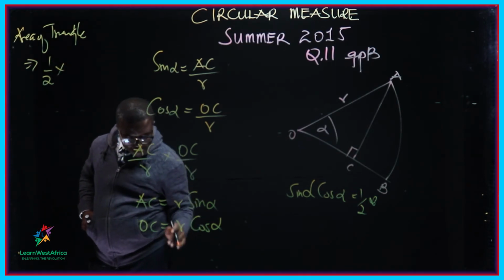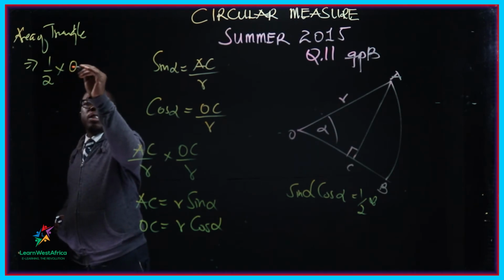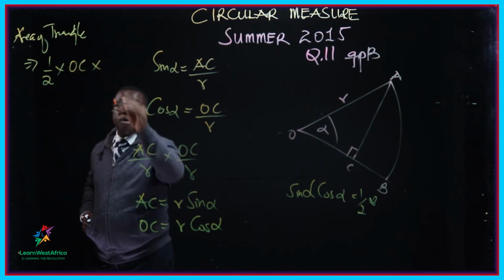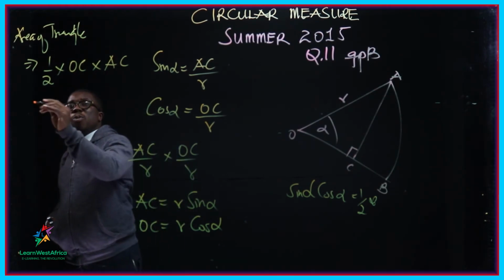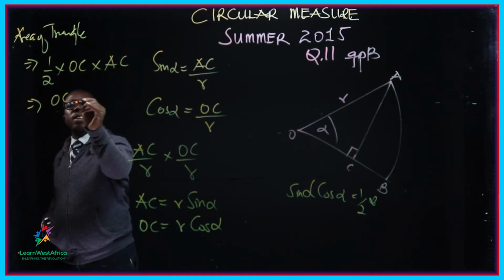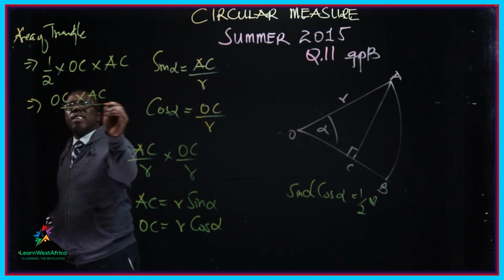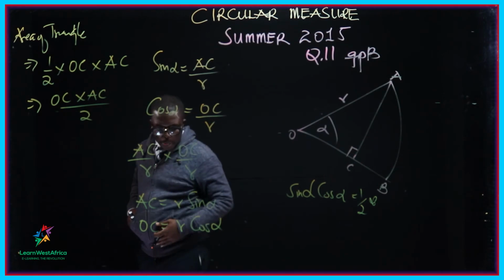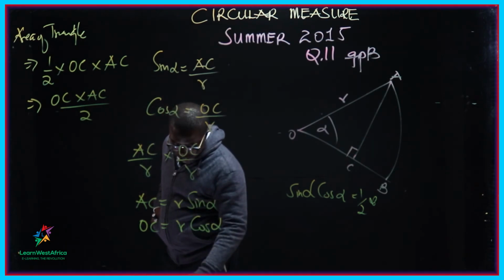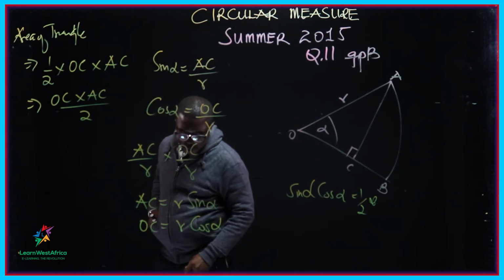The base is OC, times the height, which is AC. So OC times AC over 2 gives you the area of the triangle.